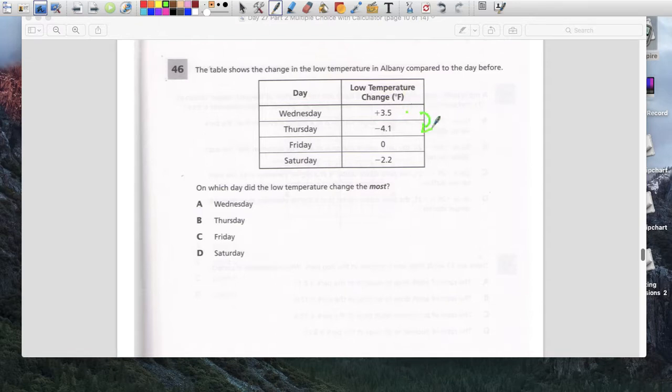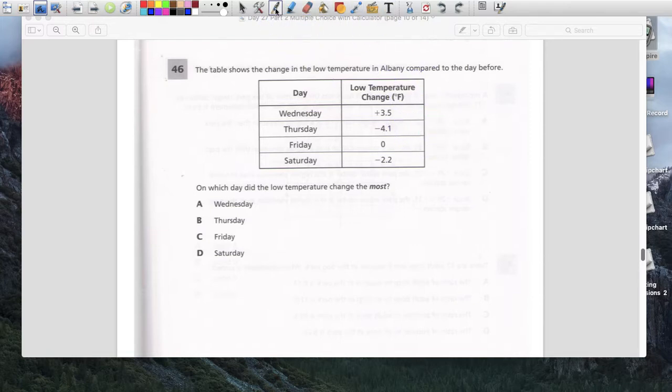The table shows a change in the low temperature in Albany compared to the day before. From Wednesday to Thursday, how much did it change? I see.